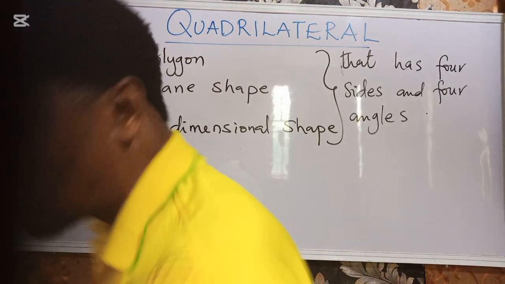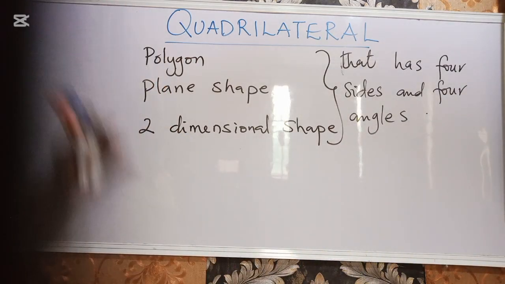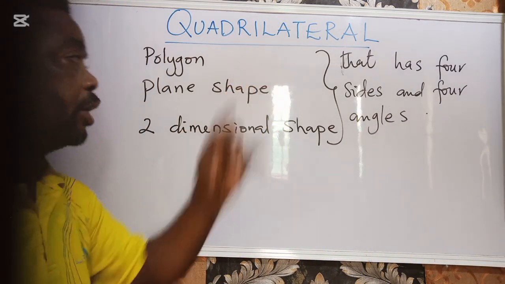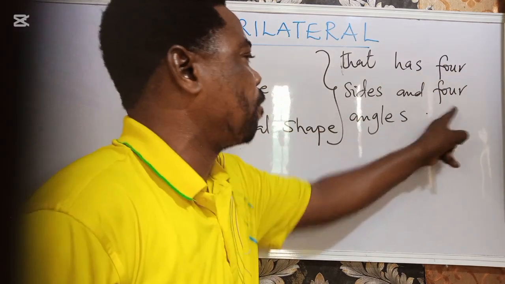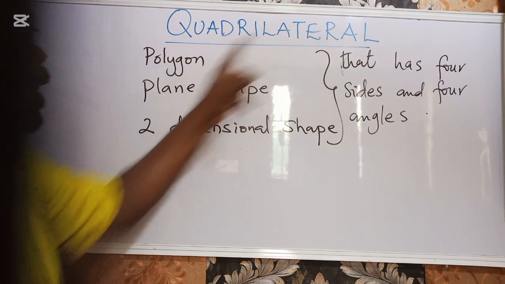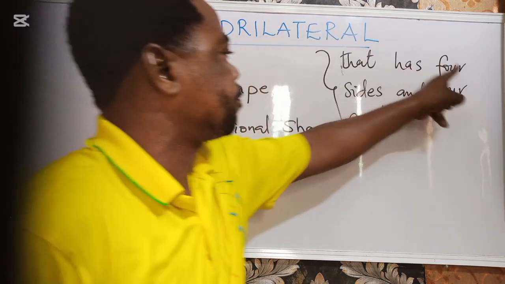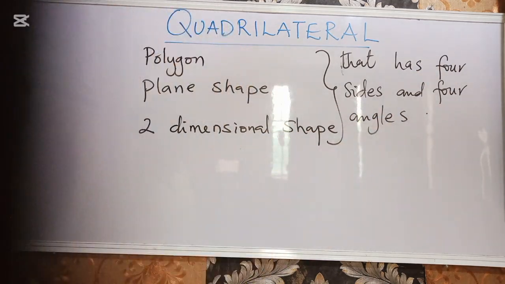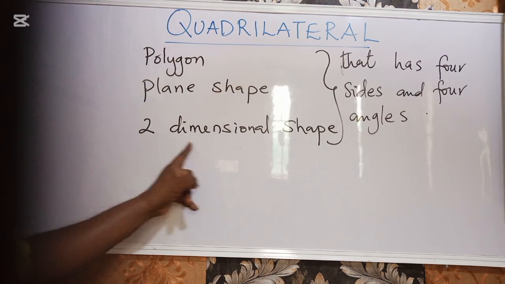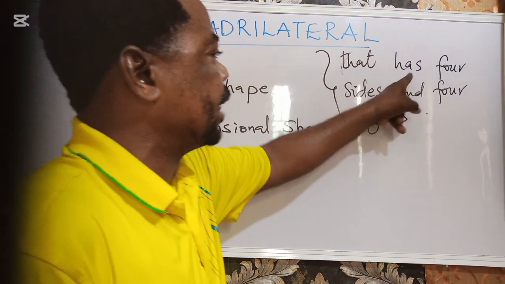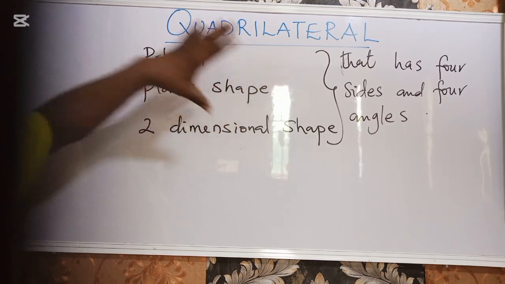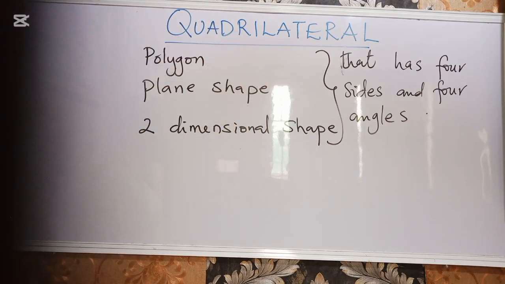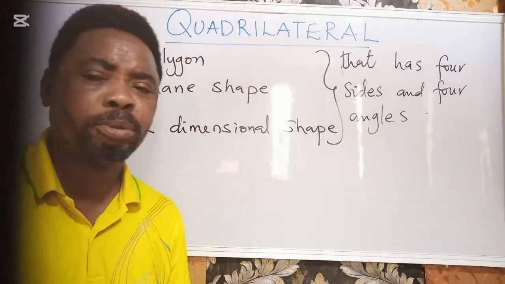What we are trying to say here is that once you want to define a quadrilateral, you can say a quadrilateral is a polygon that has four sides and four angles, or a quadrilateral is a plane shape that has four sides and four angles, or a quadrilateral is a two-dimensional shape that has four sides and four angles. That is it. You can use any one of these. That is the definition of a quadrilateral. I believe that is very clear and very simple to define.